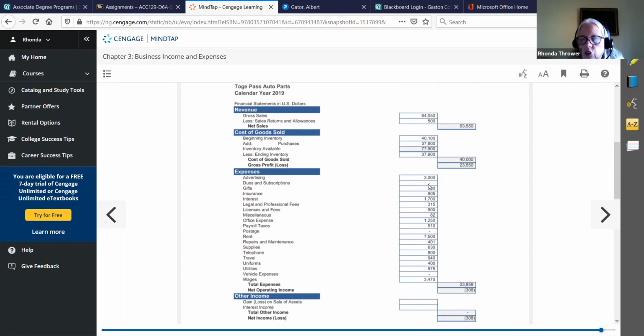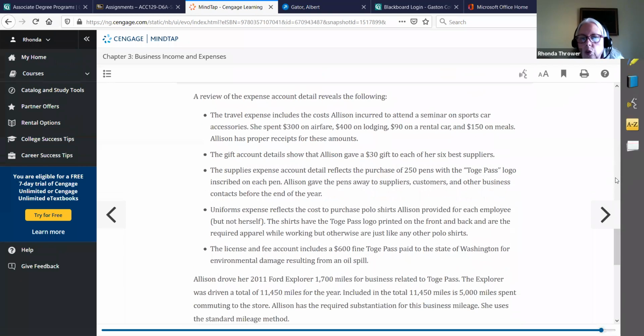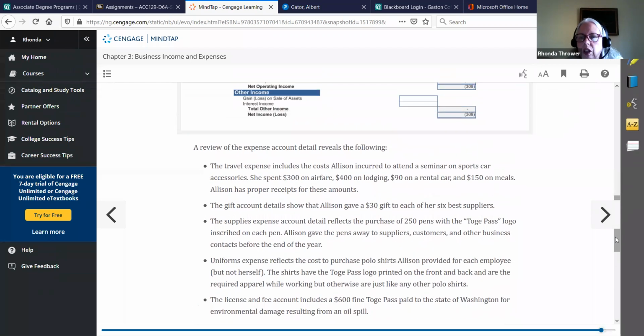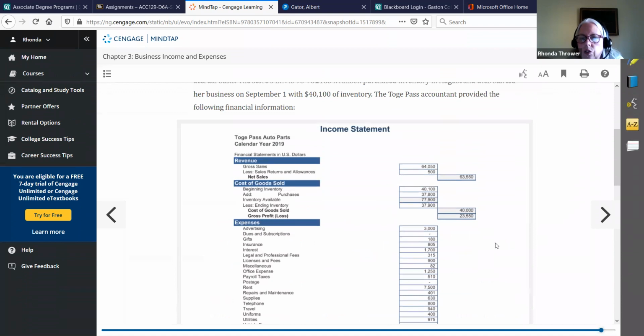There's a limitation to this, which we're going to have to figure out. And that limitation is that you can only give $25 gifts, that's the maximum amount that you can give to your suppliers. So actually 25 times 6 is the total amount that you would be able to deduct on the Schedule C. So I want to caution you about that $180.